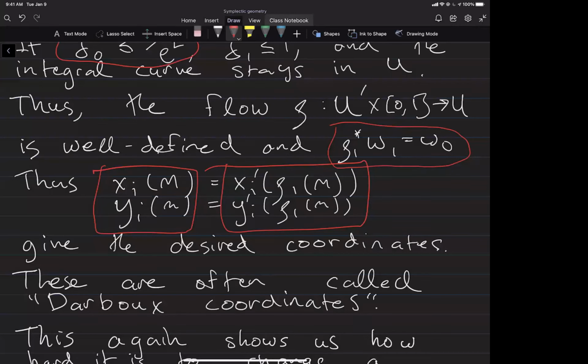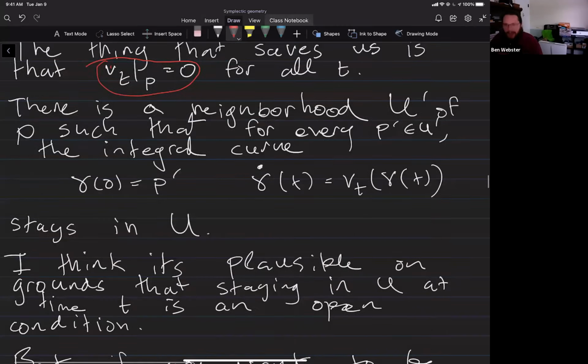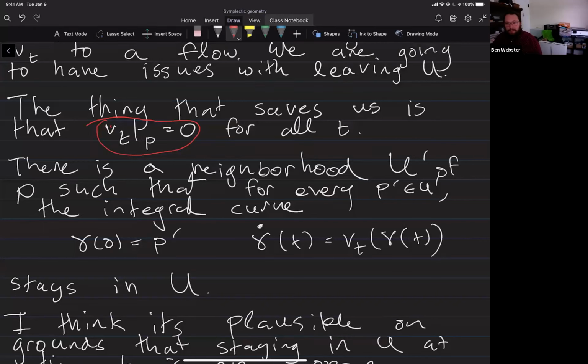Can you just go over how you got around the needing compactness by finding a flow that stays in U prime? So the key thing is that at P, my vector field is 0. Somehow the way to think about this intuitively is I'm trying to construct the flow. I can construct integral curves for some amount of time.